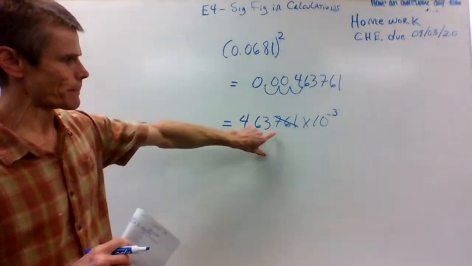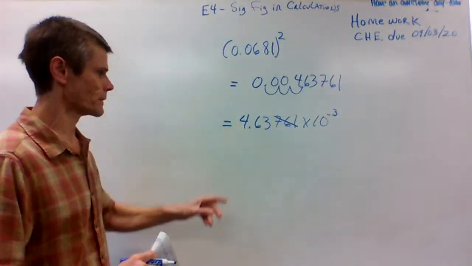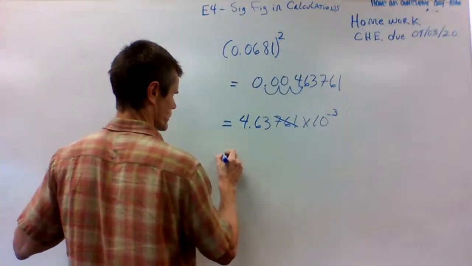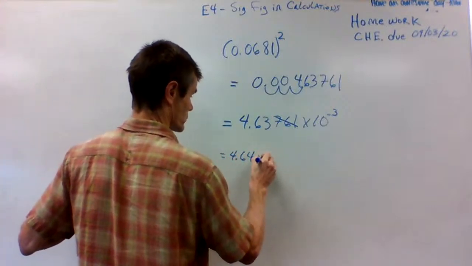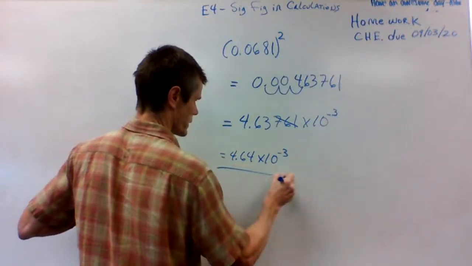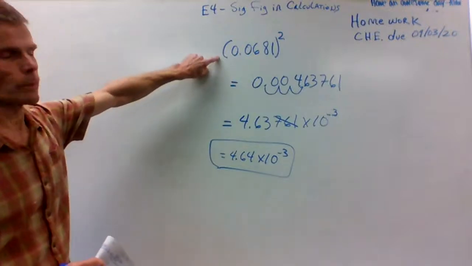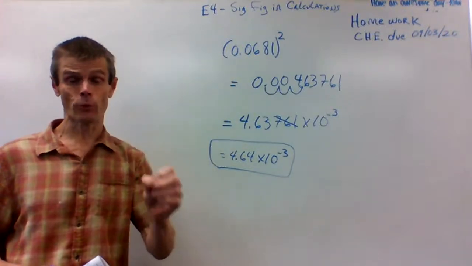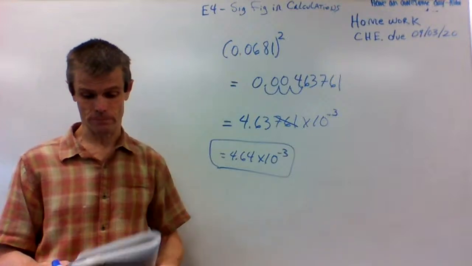Since the last number that we're dropping off is 5 or greater, we're going to round up. This would be the correct answer. When we're squaring a number, we're using exponents, and we use the same rules as we did for multiplication and division.